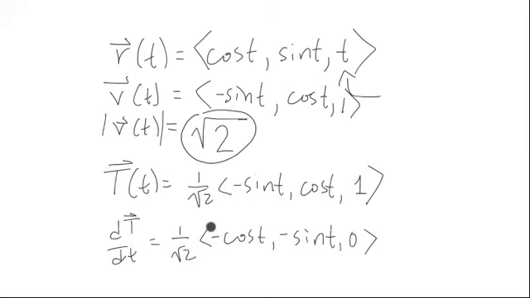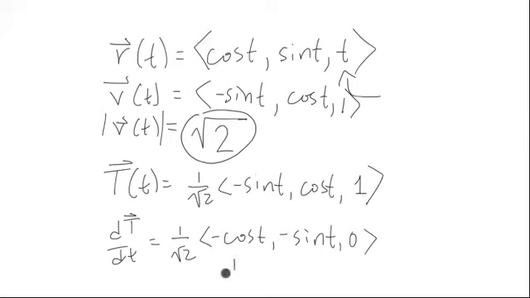And remember, in our calculation, we take dT/dt and then we divide it by this length right here, which is the length of ds/dt, or just this right here, square root of 2. Since this is a constant, we may as well just divide by it right now. So if we divide this vector by square root of 2, it's like popping it in the denominator here, which just makes this 1 over square root of 2 times square root of 2, which is 1/2.